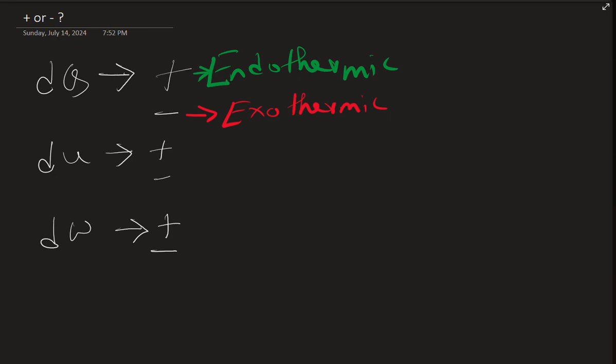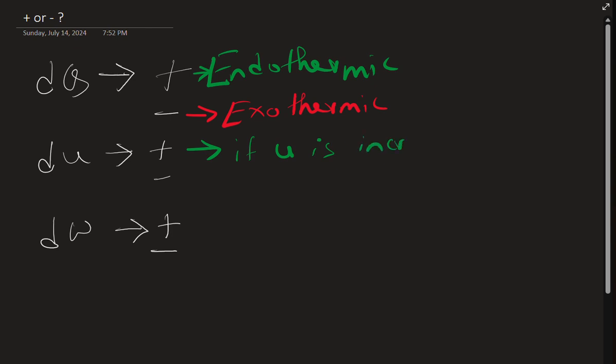Now what about du, internal energy? Change of internal energy will be positive if internal energy is increased. So in the process, if u, meaning internal energy, is increased, then du will be positive.